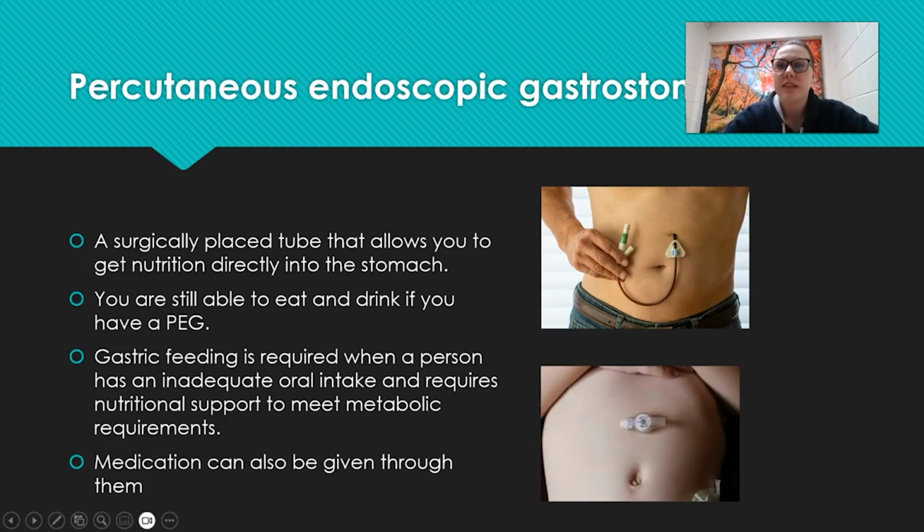So if you're having trouble eating the recommended amount and you find that you're losing weight because it's just hard with the effort of eating and drinking, it may be advised just to make sure that you're getting the recommended amount of calories and the recommended amount of fluid to keep you healthy.